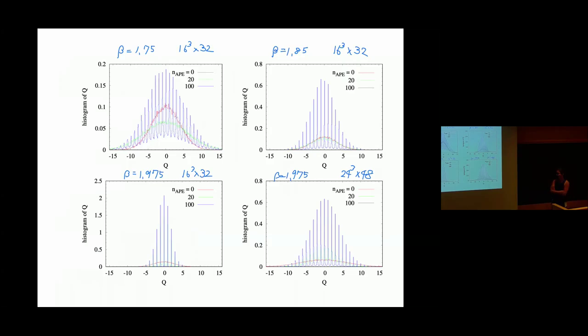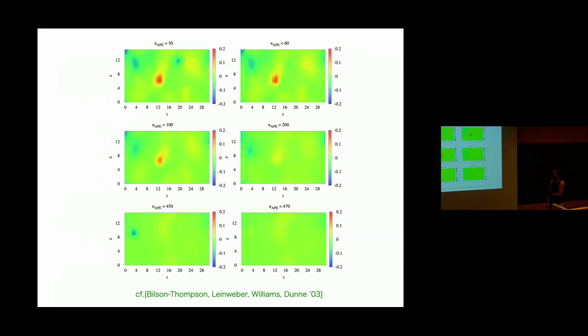So there is a very good convergence to integers. Then you can also see how smearing works more practically. This is an example of a plot of the topological charge density.